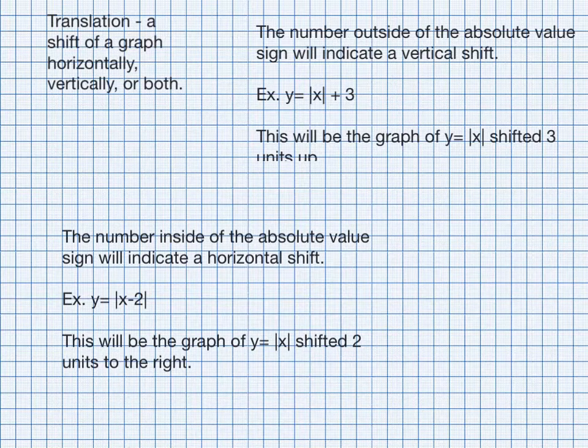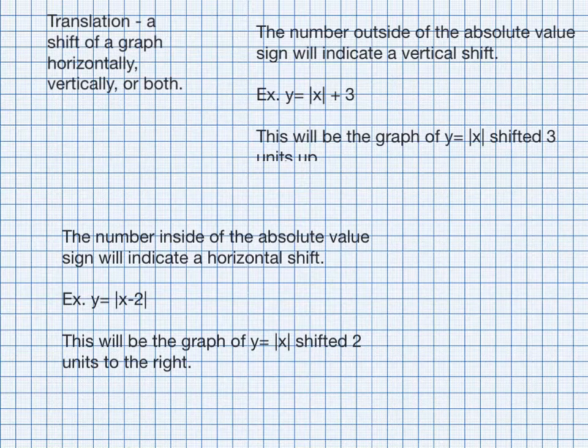The text to the lower left says the number inside of the absolute value sign will indicate a horizontal shift. For example, if I have y equals the absolute value of x minus 2, this will be the graph of y equals the absolute value of x shifted 2 units to the right.